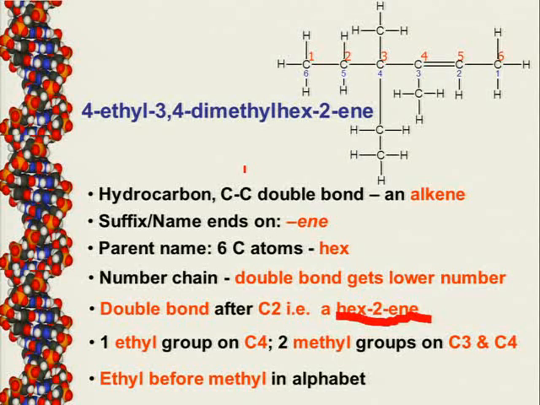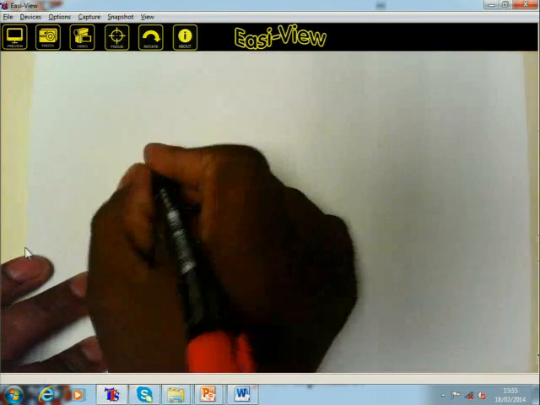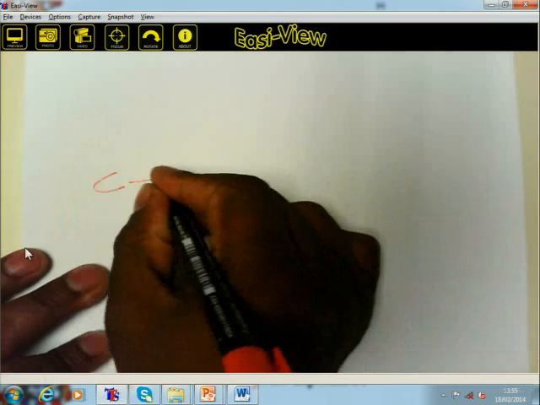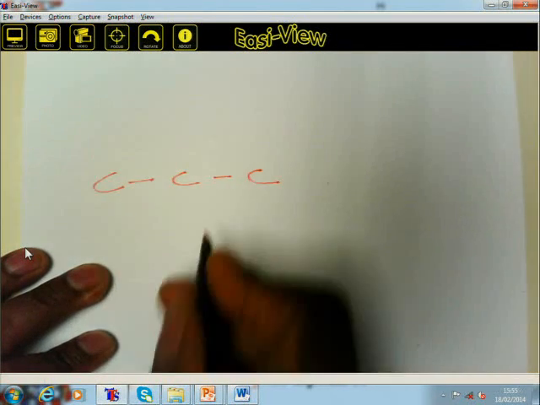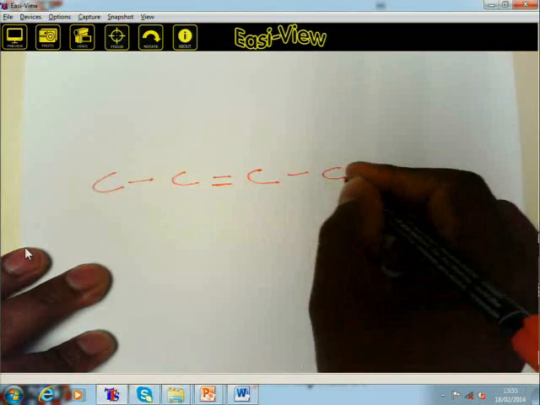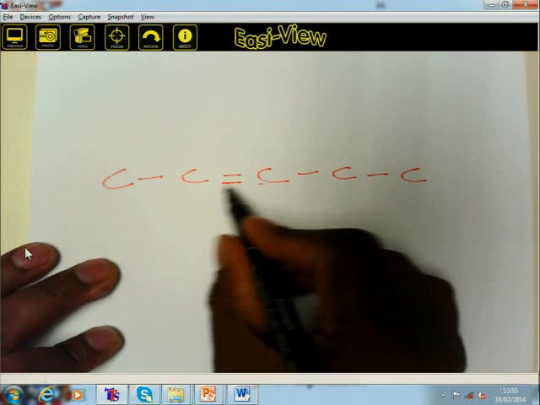Let's have a look at another example, because I think this one will need another example so that you are not worried about naming the compound. I'm going to draw a compound here, and I need you to think about the name for a few seconds. We've got 1, 2, 3, 4, 5. 1, 2, 3. There's a double bond there. 4, 5.